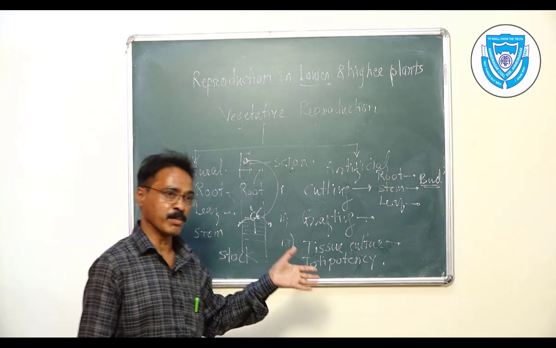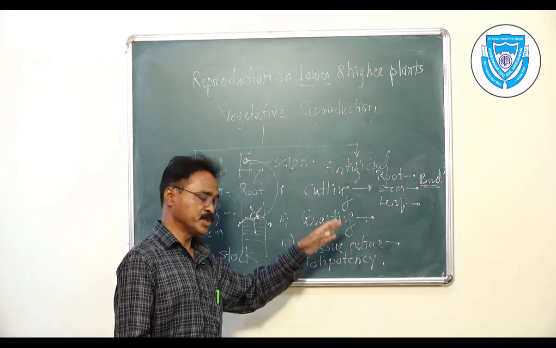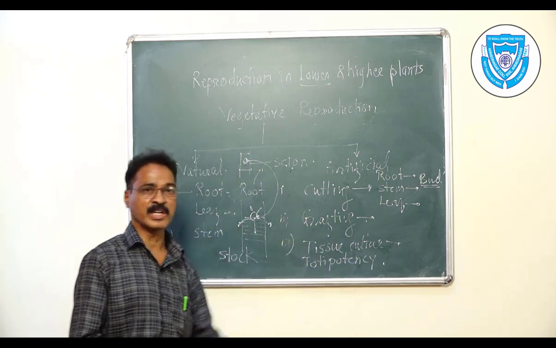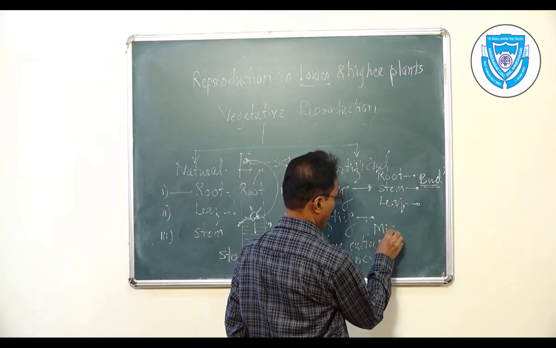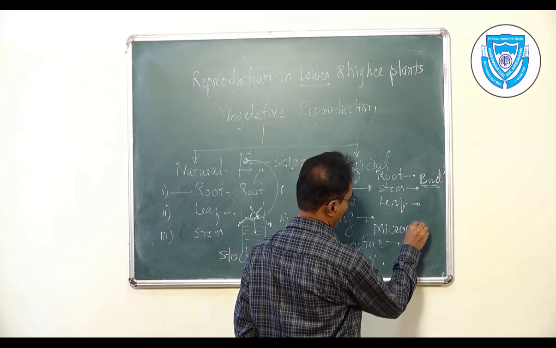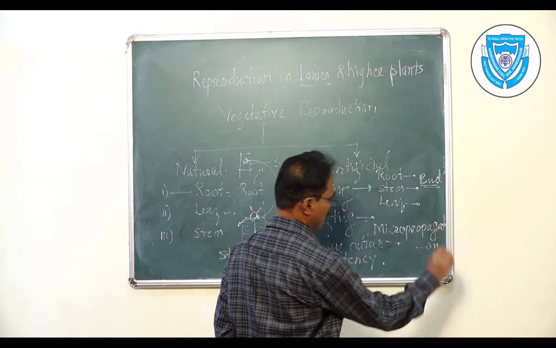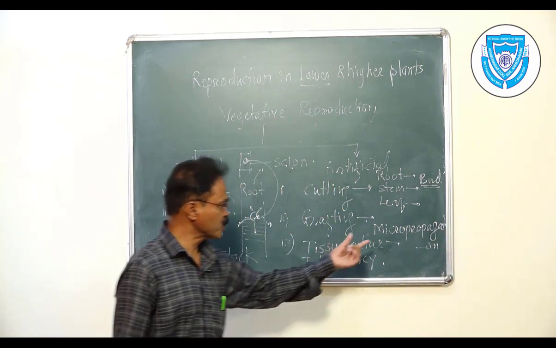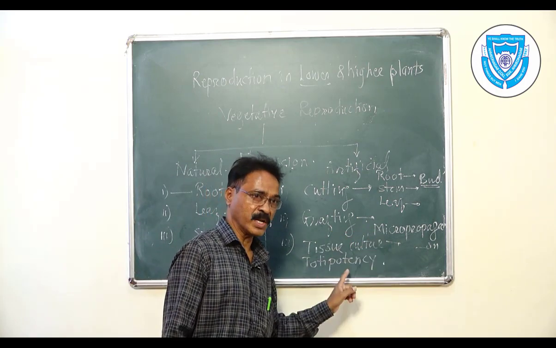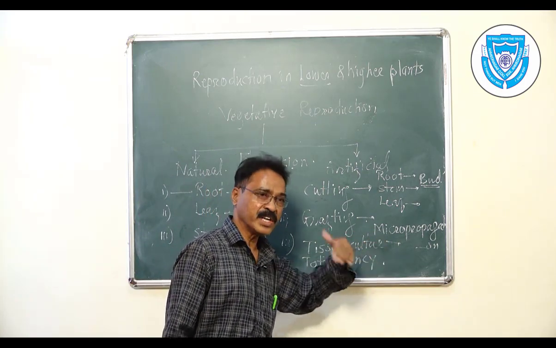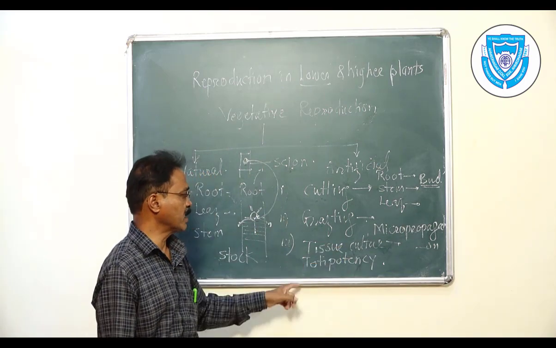This is the natural property of the plant. It is totipotency, and this property is utilized in the tissue culture technique. It is also called micropropagation. Micro means a single cell, and that single cell can be utilized to regenerate into a new plant, and it is the exact copy of the mother plant.